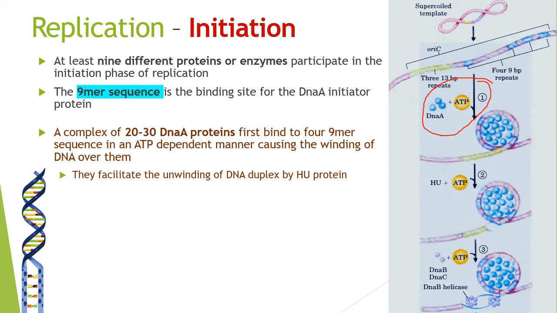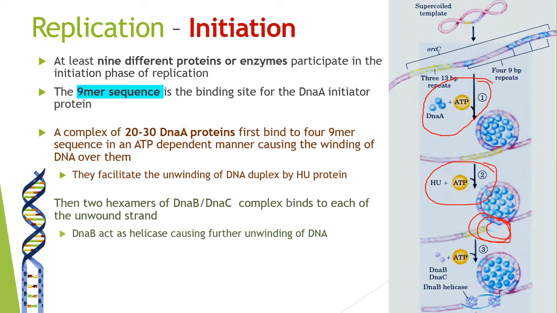Then in the second phase, the histone-like proteins together with ATP again bind to this area and melt the AT-rich regions, so as to form separate single-stranded molecules out of the melting of the bonds between the 2 strands.